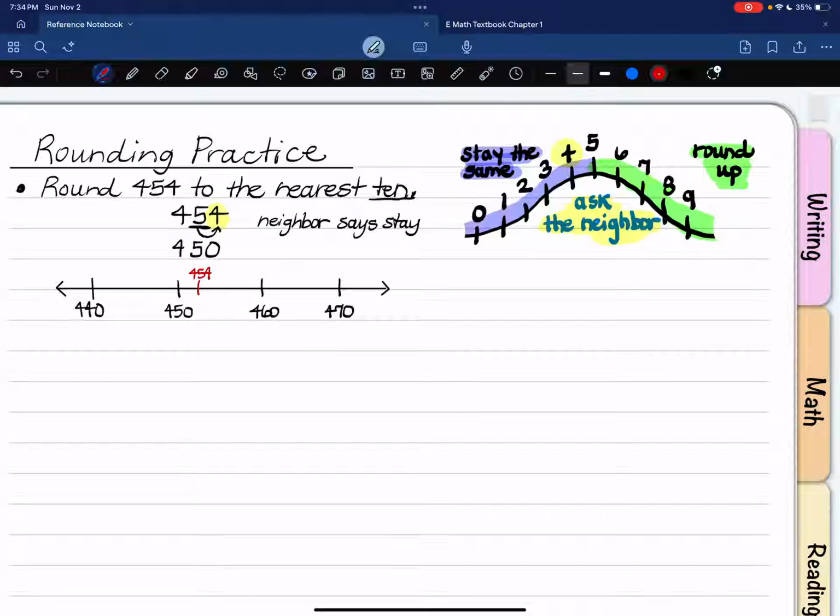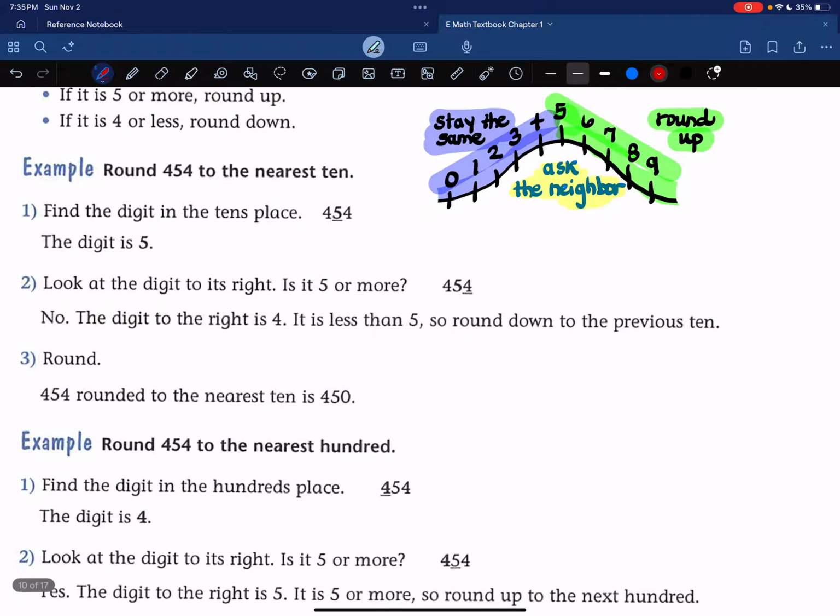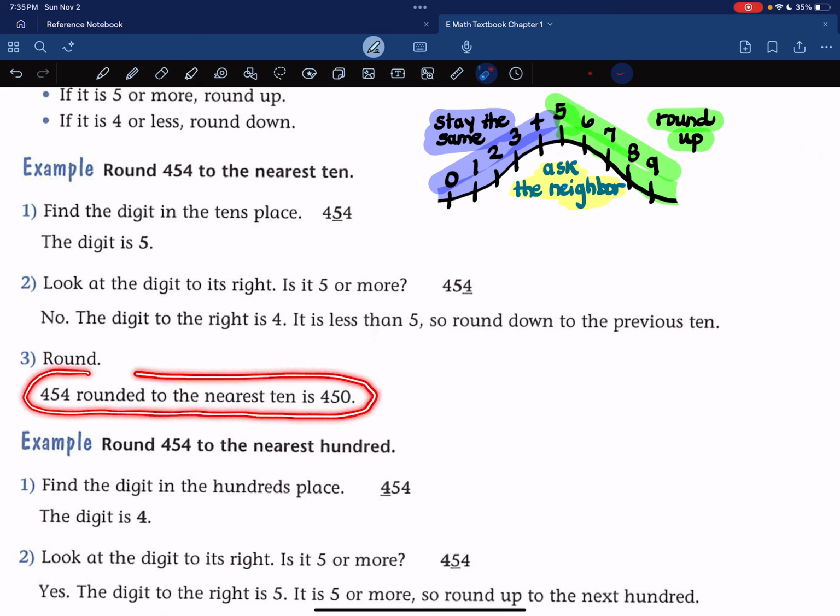So it rounds to 450. So let's check ourselves and see what this says. Here's your answer. 454 rounded to the nearest 10 is 450.